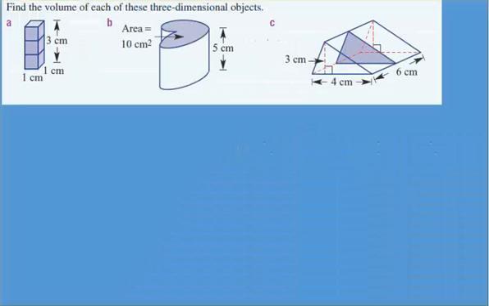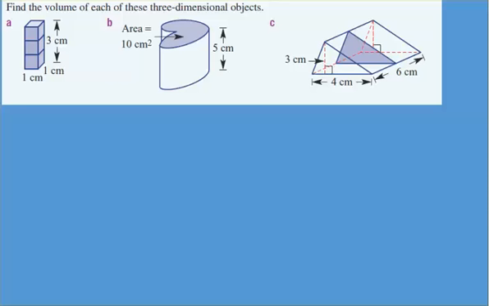Done. Alright, this is example 14, and the question asks us to find the volume of these three-dimensional objects. We suspect that they are prisms because that's what this part of the chapter is about, but let's just check and make sure. Are each of these shapes prisms? Do they have the same cross-section throughout the entire height of the prism?